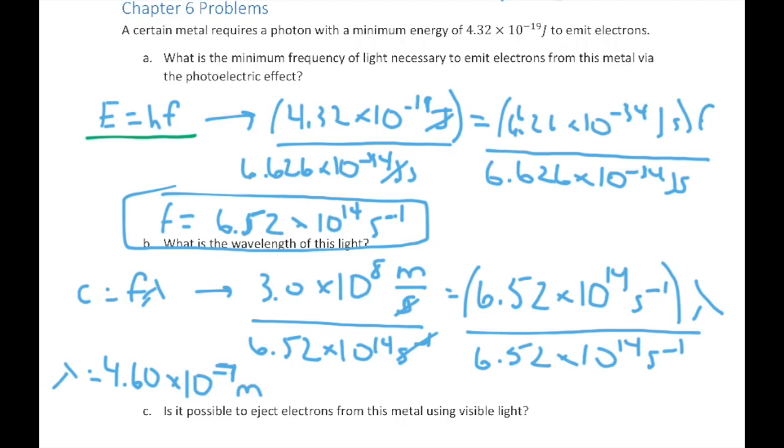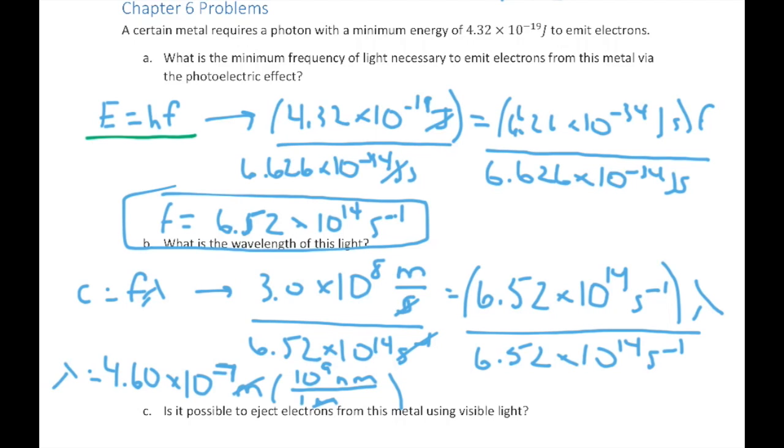Okay? And we can convert to nanometers because that's traditionally what wavelength is measured in. So we just convert, we multiply by, for every 1 meter, there's 10 to the 9th nanometers.